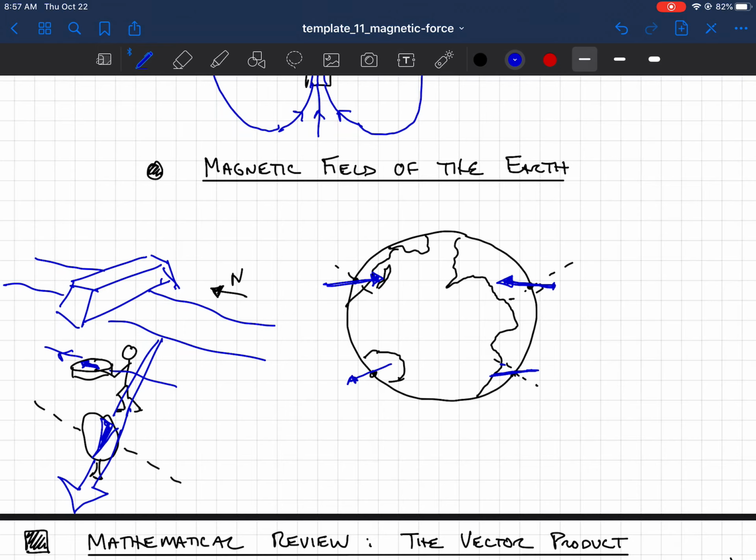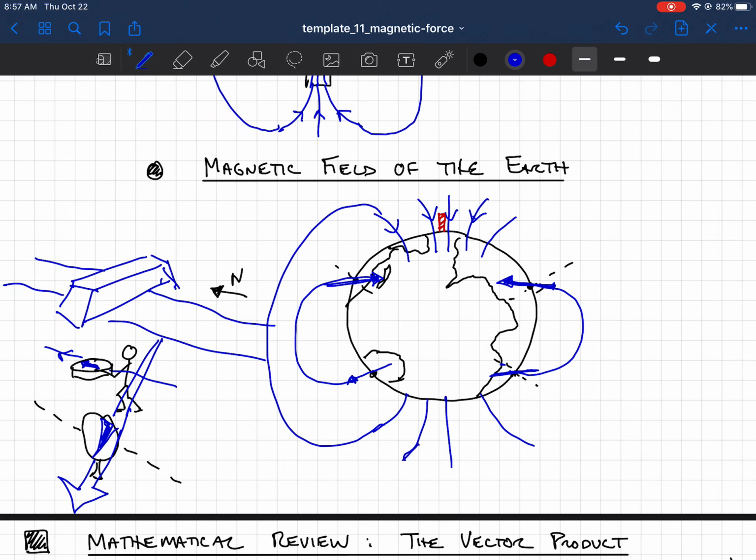So what does that mean? Well, it means that the field will look like this. Coming into the North Pole, meaning the place where Santa Claus lives, and coming out of the South Pole. So the field lines that we have from Grand Rapids look like that.